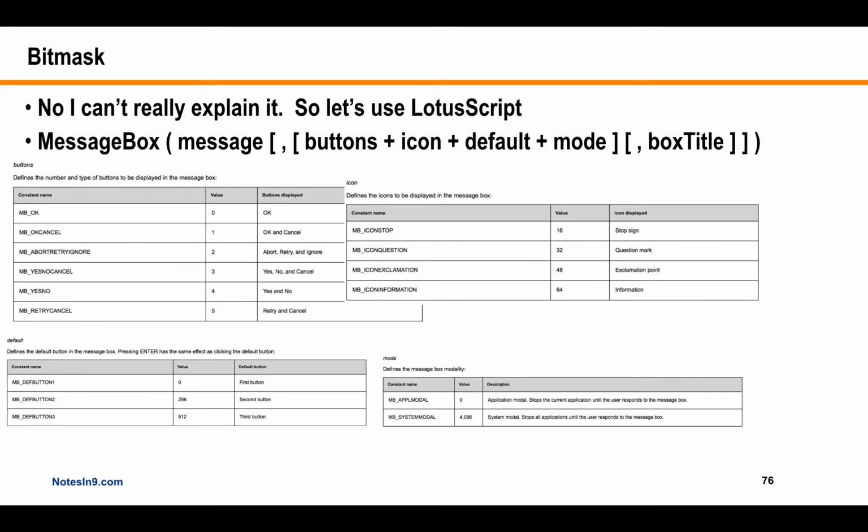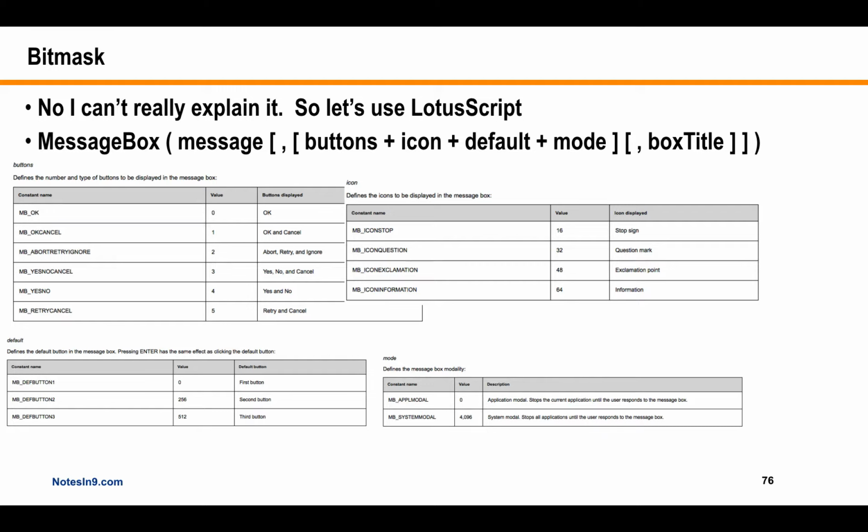All right, a bitmask. No, I can't explain it. So we're going to use it with LotusScript. If you remember in LotusScript, we had this message box business, right? And you had buttons, icon, default, and mode, and you had a number for each of those. So the buttons had 0, 1, 2, 3, 4, 5. The icon 16, 32, 48, 64.